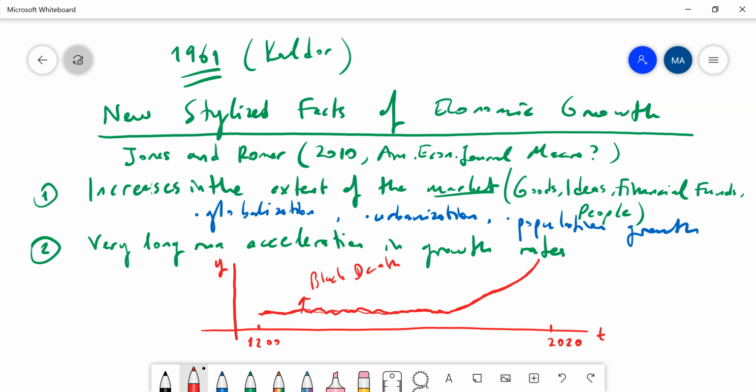And somewhere here we have the Industrial Revolution. But the idea is that, historically speaking, modern growth is a very new phenomenon. Okay, because if you extend this path to the earliest episodes of human history, you observe something very similar.